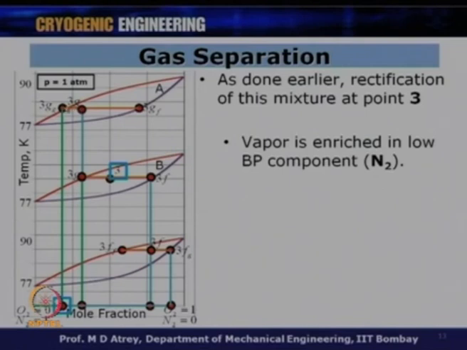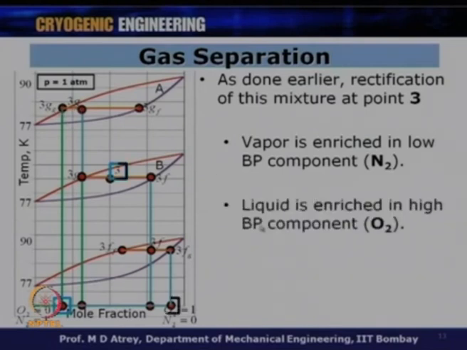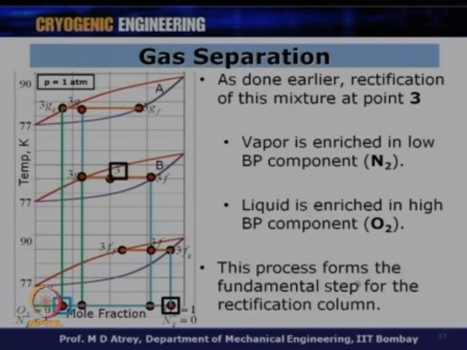As you go to the left side, the vapor is getting enriched in low boiling component which is nitrogen, while the liquid is getting enriched in high boiling component which is oxygen, and this essentially is the basis of multiple condensations and evaporations which is carried out in a rectification column. This process forms the fundamental step for the rectification column.